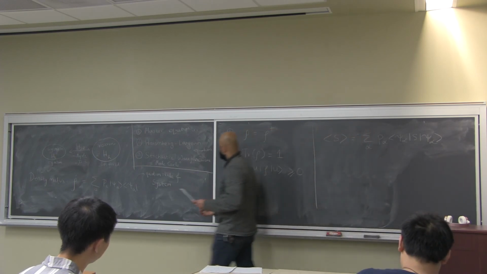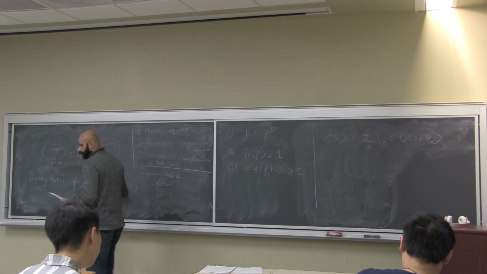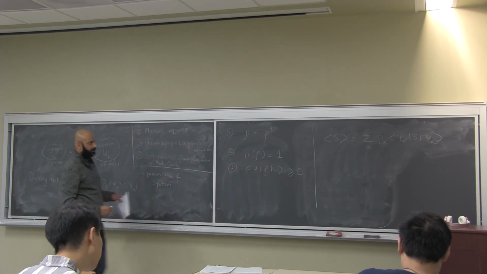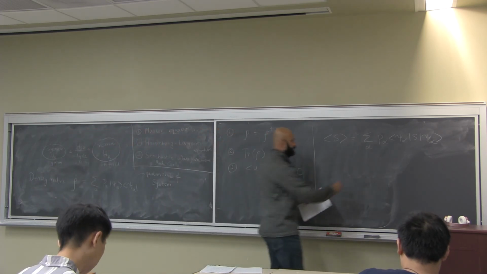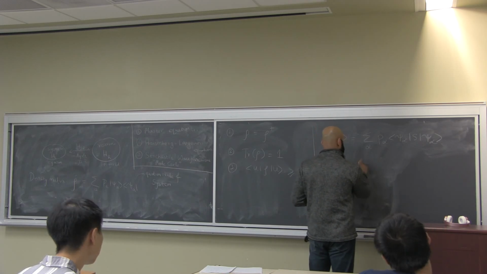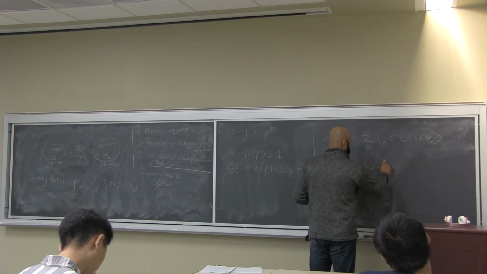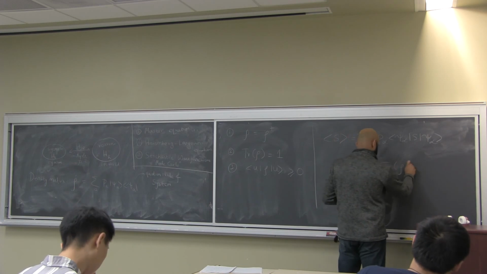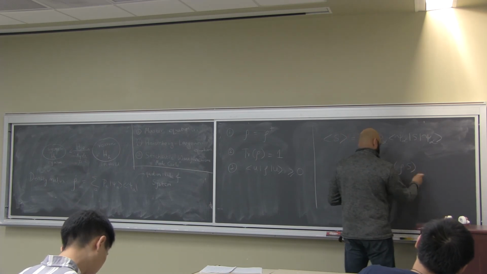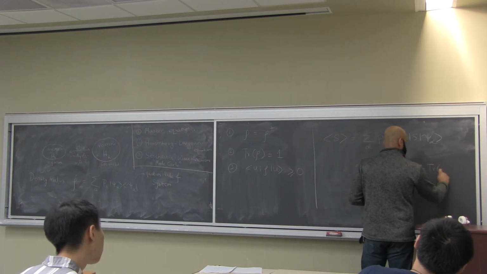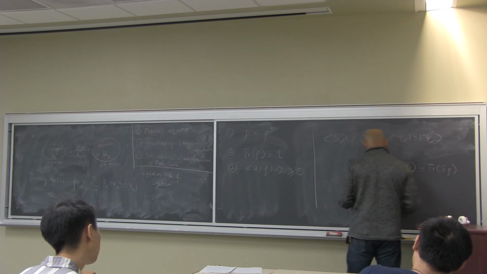The expectation is obtained by taking the expectation in each pure state psi alpha and then multiplying by the probability to be in that particular pure state. You can immediately show this is just the trace of rho times S, which is also, of course, the trace of S times rho because of the property of the trace.